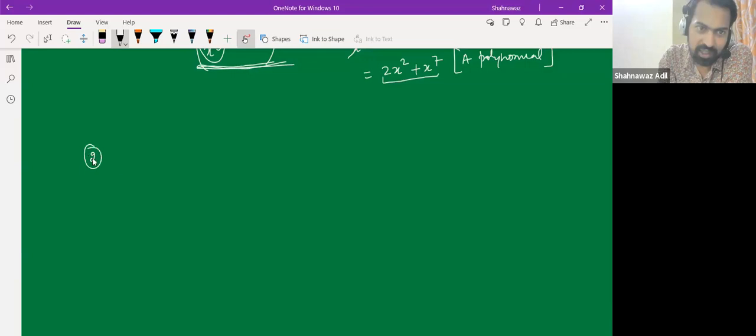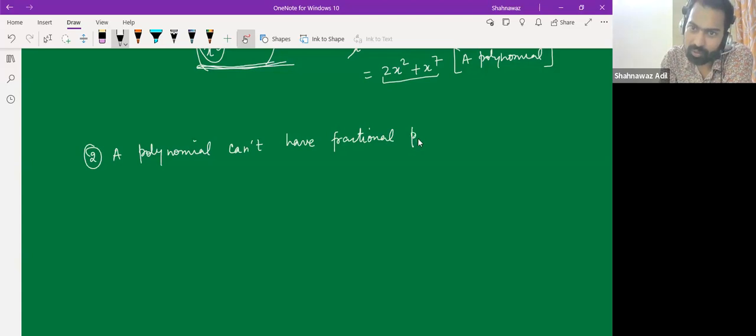So the second condition is that a polynomial cannot have fractional powers. Right.